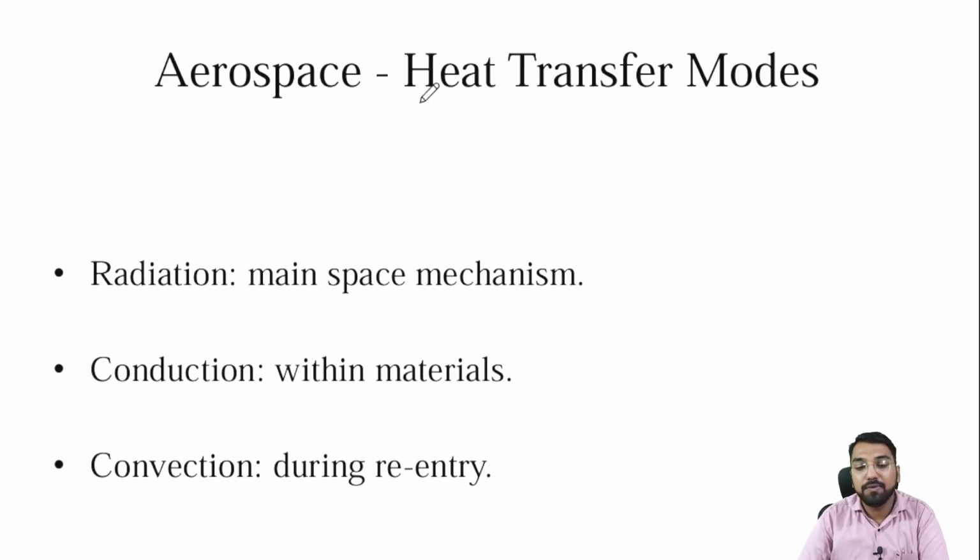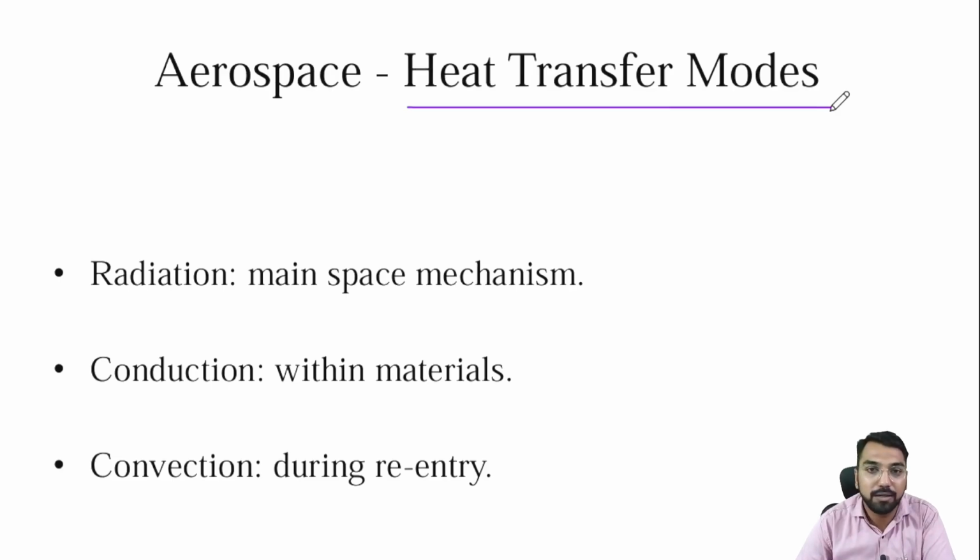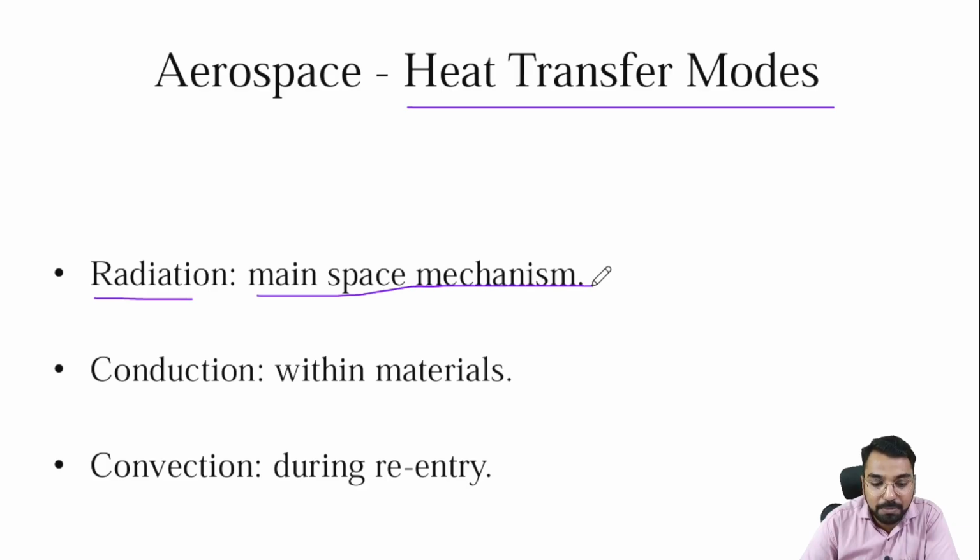So what types of heat transfer modes, I have just explained, you can recall here. Radiation is the main mechanism in space, where there is a vacuum, so only radiation heat transfer takes place. In conduction, within the material, the internal components of the spacecraft carry away the heat from the outside.